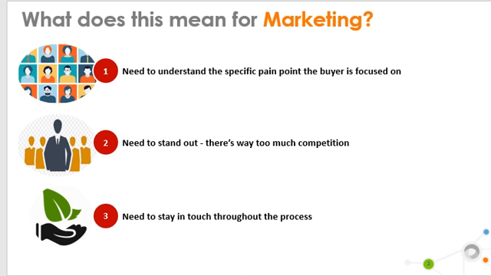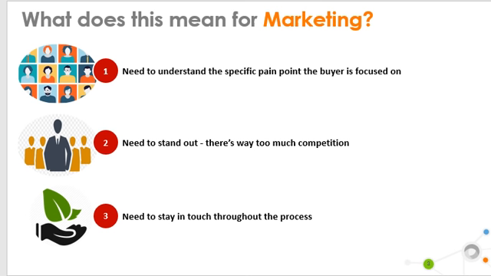The third thing, and this is something we picked up from another example when we were talking about Swiggy, is that you want to make sure that you're staying in touch throughout the process. You don't want to treat your relationship with a buyer as a single transaction.